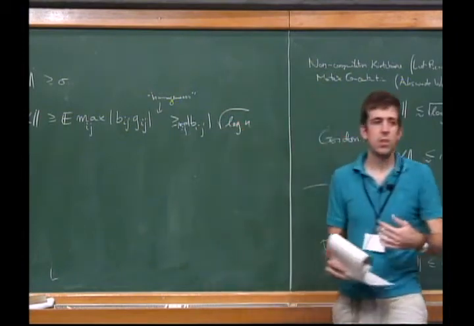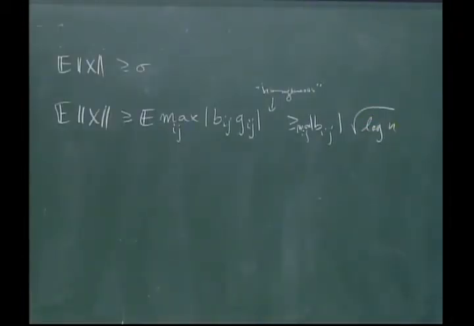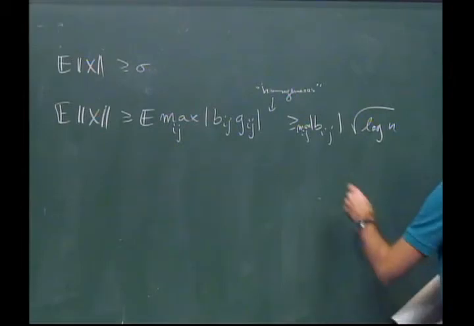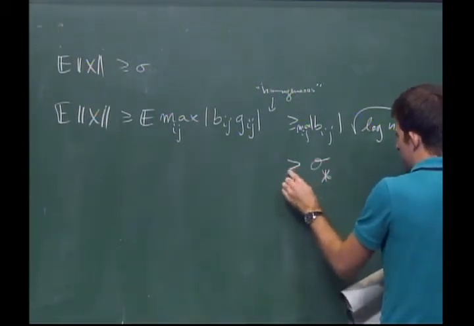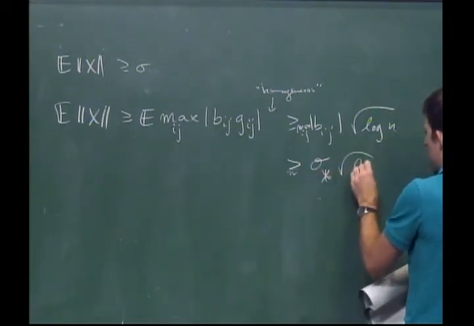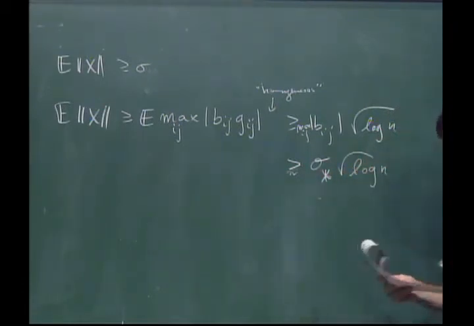Right? Because the largest Gaussian in absolute value among n Gaussians is of size square root log n. So this means that this should be bigger or equal than square root log n. Okay, so in particular, it needs to be bigger or equal than the term on the left, and then the term on the right, then the bound is tight, at least up to constant.